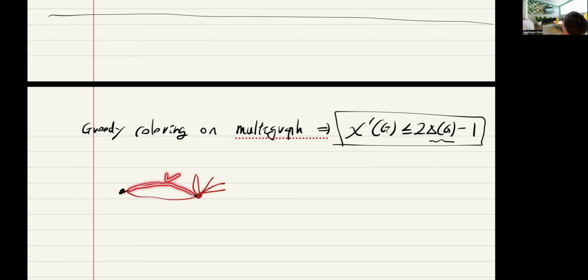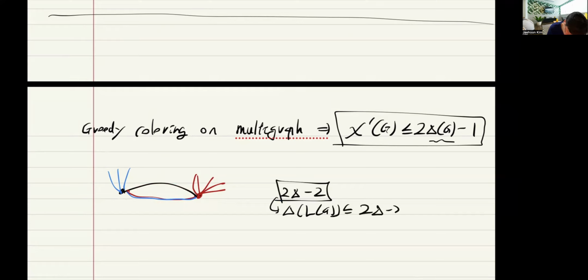Then, except this one that we have chosen, there are delta minus one of them. And here again, at the other vertex, there could be at most delta minus one edges other than this one which are incident with this vertex. So together, there are 2 delta minus 2. This is the maximum degree of the line graph, at most 2 delta minus 2. So using the trivial bound, you add one to get this upper bound.